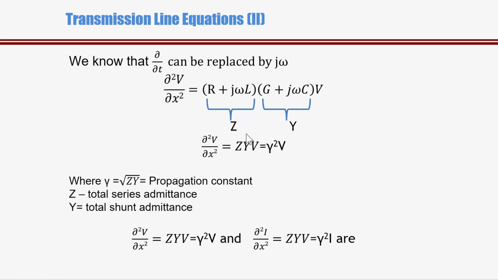And together this zy we have represented by a letter gamma. And gamma is known as propagation constant. Right, so gamma is equal to under square root z into y. Because these parameters, admittance and impedance, will affect the value of the voltage which is received at the receiver side.